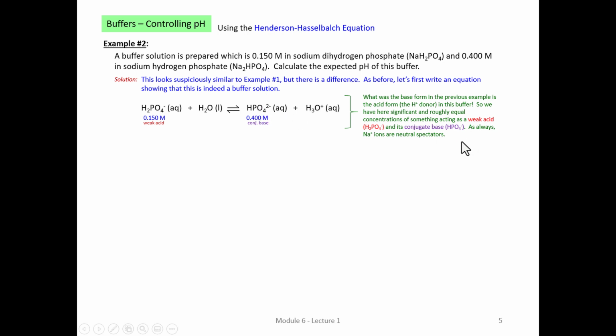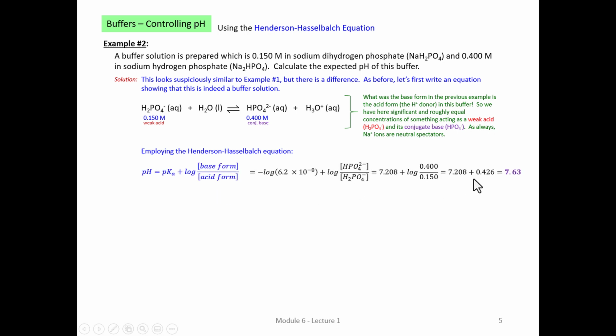Let's use the Henderson-Hasselbalch. We have the pKa, or minus the log of the Ka, of dihydrogen phosphate. Remember, this is simply the Ka2 of phosphoric acid, and it can be found in tables of Ka values for polyprotic acids.